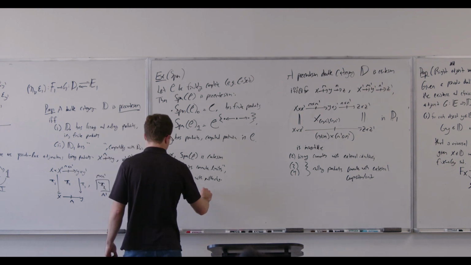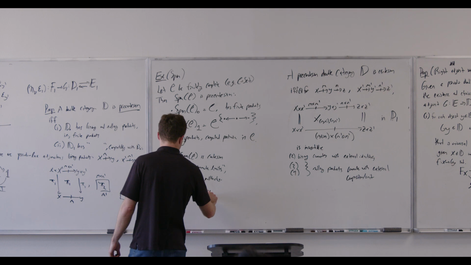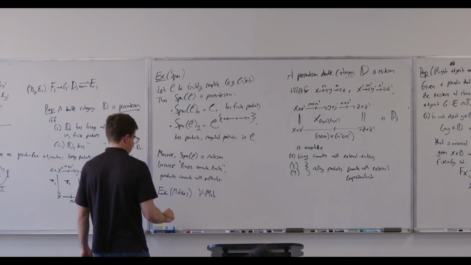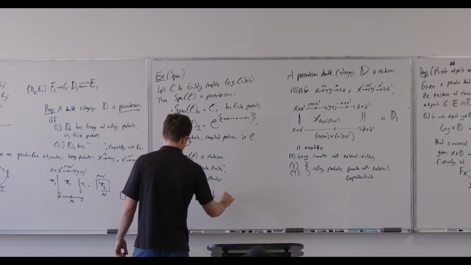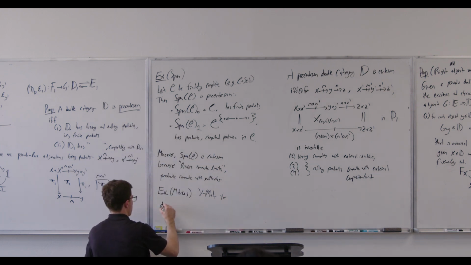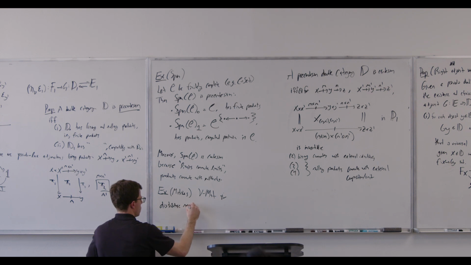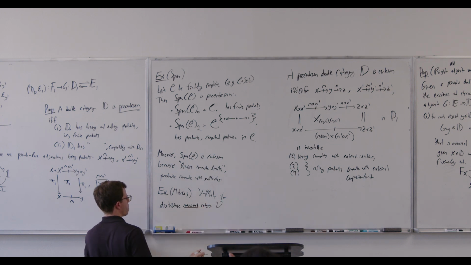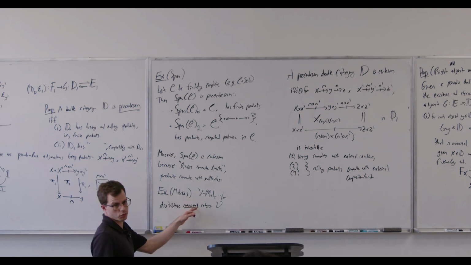Let's look at VMAT for V. So generically, I can construct VMAT for any distributive monoidal category V. So let's suppose that the monoidal product is, I don't know, like this could be like Vect with the tensor product.